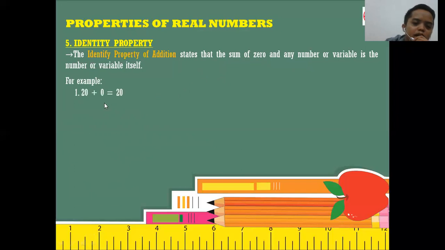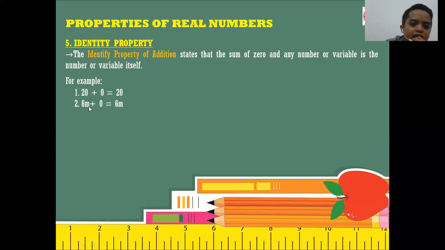For example, 20 plus 0. When you add nothing, the result is the existing number. So your 0 here is known as the additive identity. When you add 0 to a number, it is always the number itself.